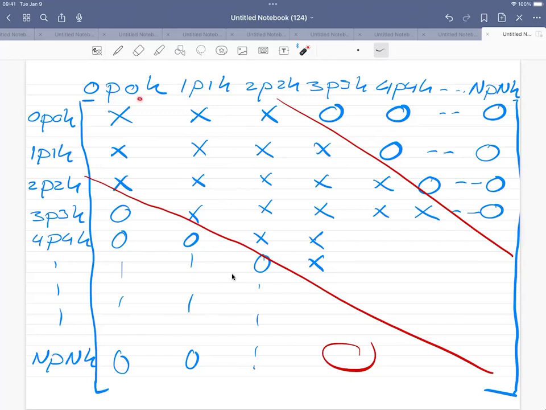Now, this block here, if we assume that the ground state is non-degenerate, there is a unique one, then this is a 1 by 1 matrix. This would then be a vector of dimensionality or length 1,000, which would be the number of 1 particle, 1 hole states.